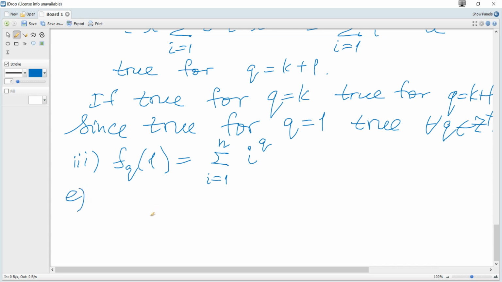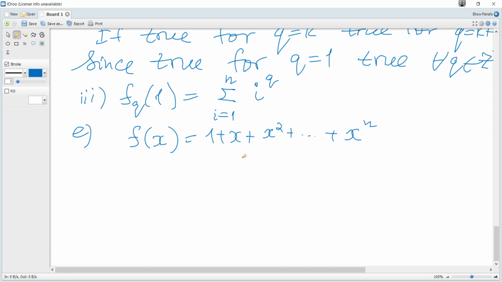Then next, by considering f of x is 1 plus x plus x squared plus so on up to x to the power of n as a geometric series, show that f of x is x to the power n plus 1 minus 1 divided by x minus 1.